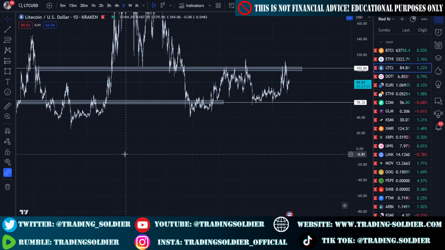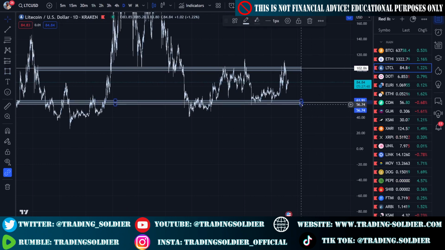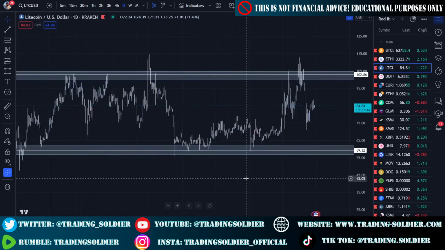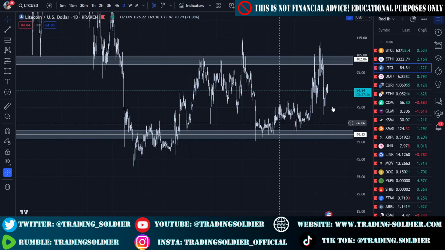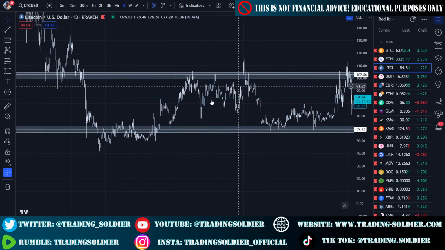Because we can see that every time we touch this area, the price rejects and bounces. You see, touch the area, bounce, touch the area, bounce, touch the area, bounce. And what this leaves us with is a range. You see, this is a simple range. You have the bottom of the range and the upper part of the range.